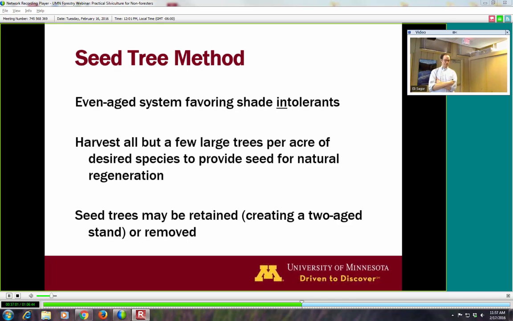If those seed trees are retained, we end up with a more complex structure. We often hear about the benefits of residual trees for raptors. They provide perch locations and other things, and so those can be either removed, leaving a two-aged stand, or retained. I think I said that right.